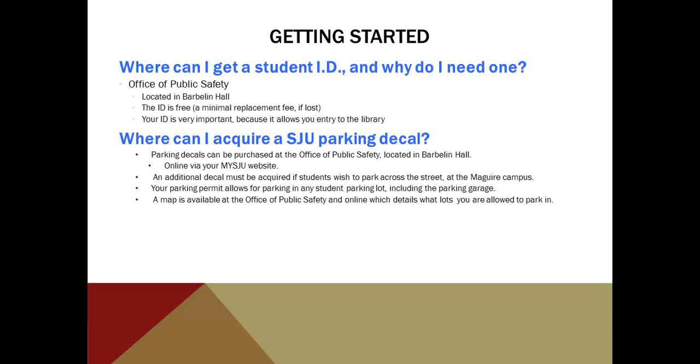Barberlin Hall, for those of you who are familiar with the St. Joe's campus, is on the top of the hill, located where our track, or our tennis courts, for those of you who have been on campus, we have a great track out there for our student athletes, but Barberlin Hall is up on top of the hill where the actual track is. And so there is an entrance in which the Office of Public Safety would allow for you to acquire your student ID in that particular office.